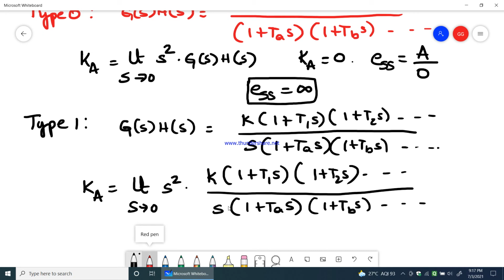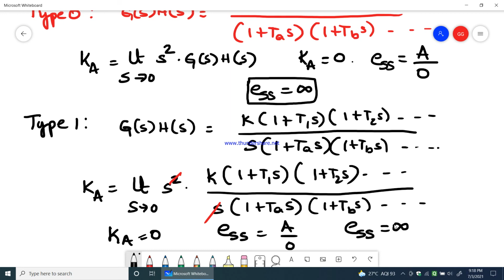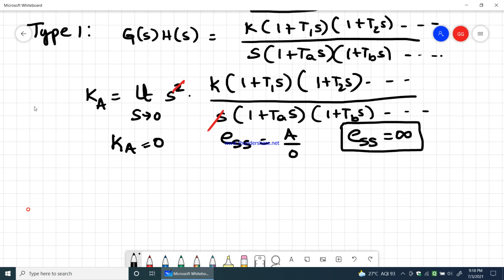So here s and s get cancelled, and you are left with one more s here. Therefore, if you apply the limit, it is 0 into anything, so Ka is again 0 for type 1 system. Therefore, steady state error is A by 0. So the steady state error for type 1 system is again infinity. Again, for a type 1 system, parabolic input is not advisable because you are getting infinite steady state error.